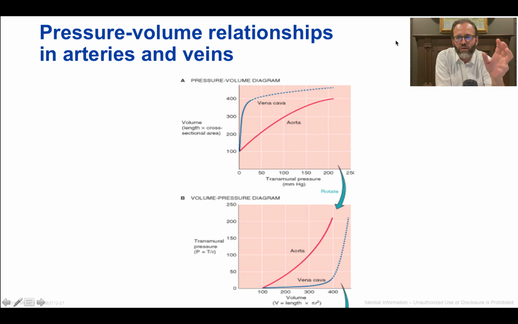And I think when we start to look at the pressure-volume relationships in arteries and veins, hopefully it'll become pretty evident as to why this is functionally incredibly important.